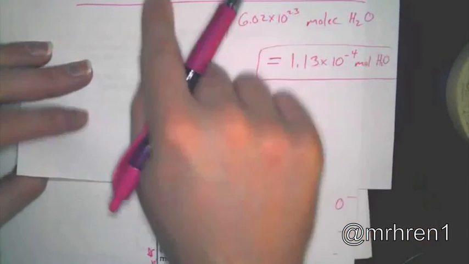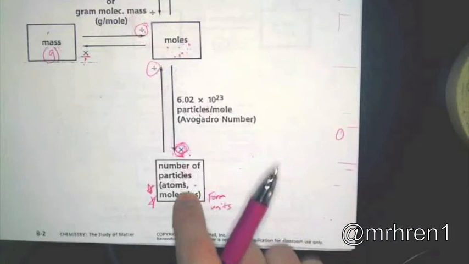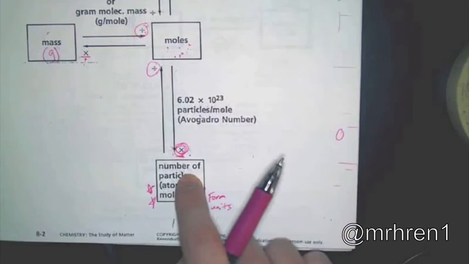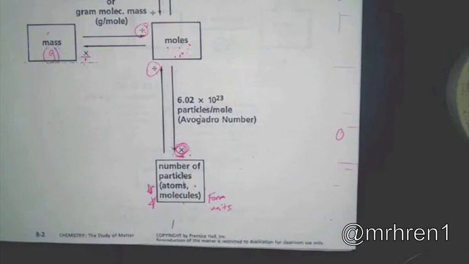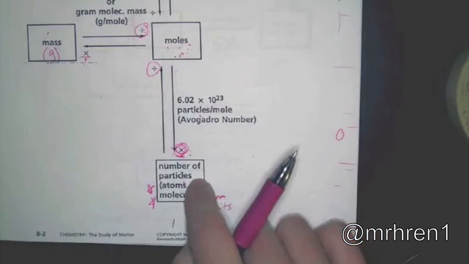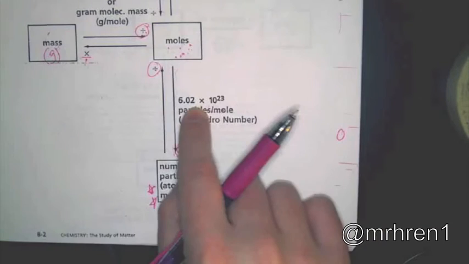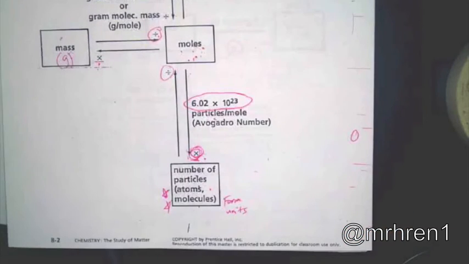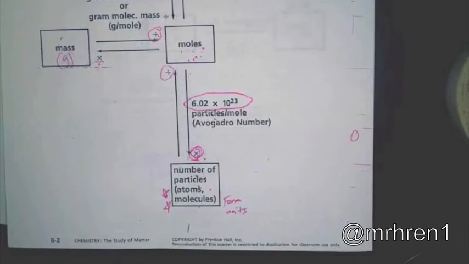Because when we're dealing with molecules, and we're going to moles, molecules to moles, it doesn't require the molar mass. Because all you're doing is converting between moles and particles. So all you're doing is using Avogadro's number. You are not in any way dealing with the molar mass. If we were dealing with grams, you would.